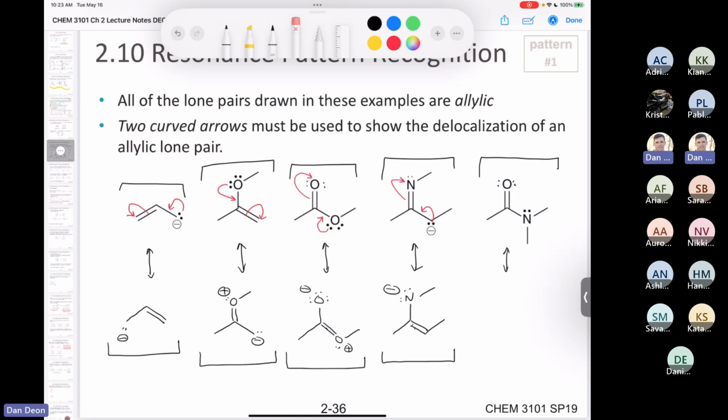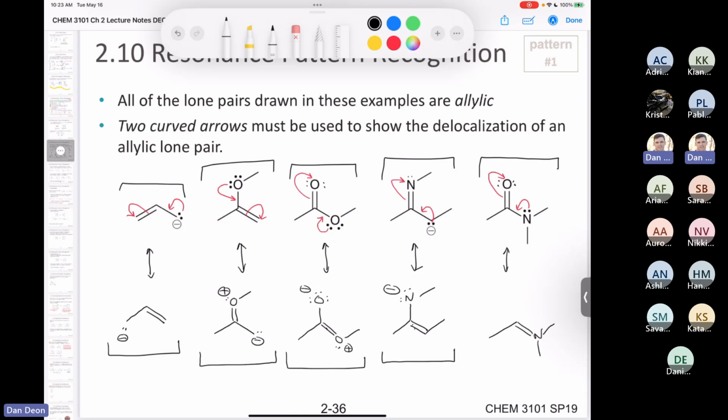And we're going to take a look at amides a little bit either today or on Thursday, and we're going to look at them in more detail. But an amide has a double bond, and then the nitrogen has a lone pair, so that's an allylic lone pair. And thus, we're going to draw our first curved arrow, make a new pi bond, and then break this pi bond. And we end up with something that's going to look like this.